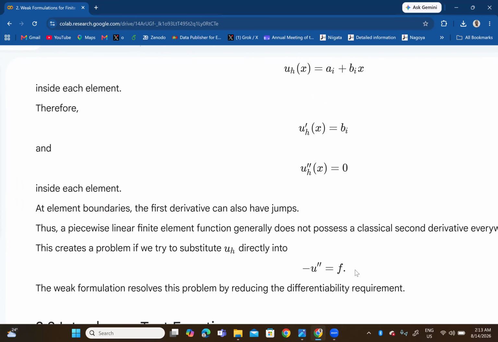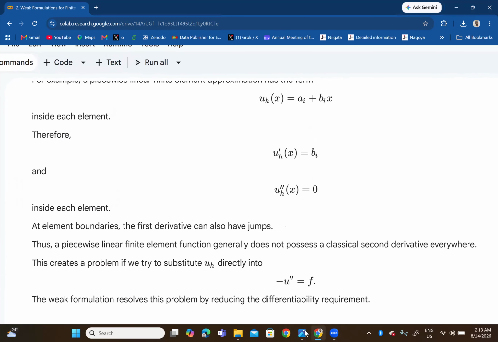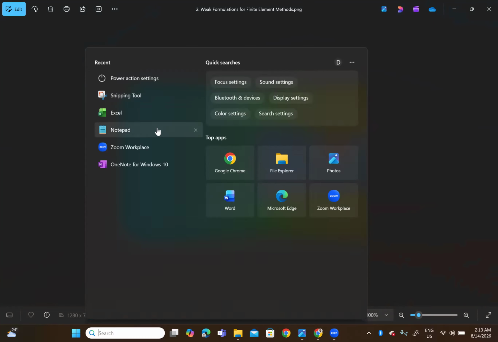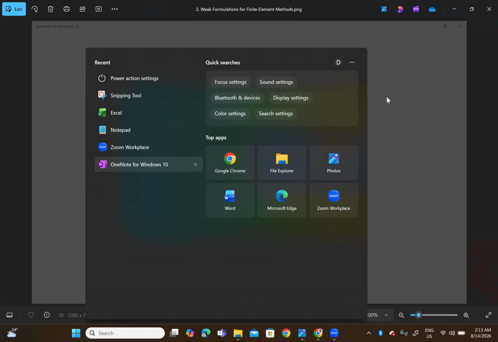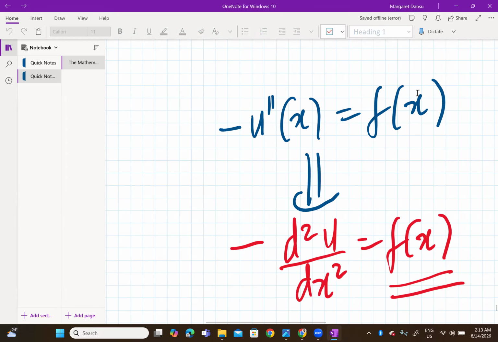Now, at element boundaries, so every element has a boundary, right? I gave an example previously, talking about the whole idea of a rod, maybe you have heat flowing in a rod and things like that.